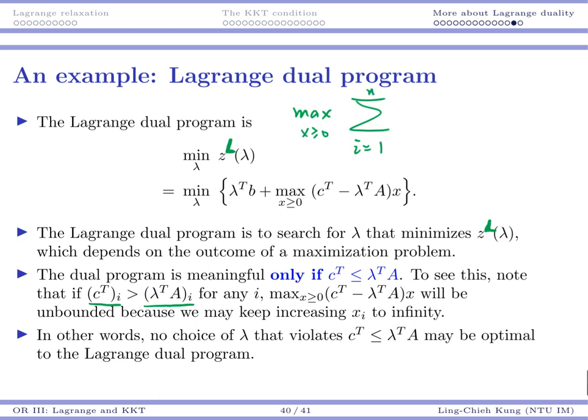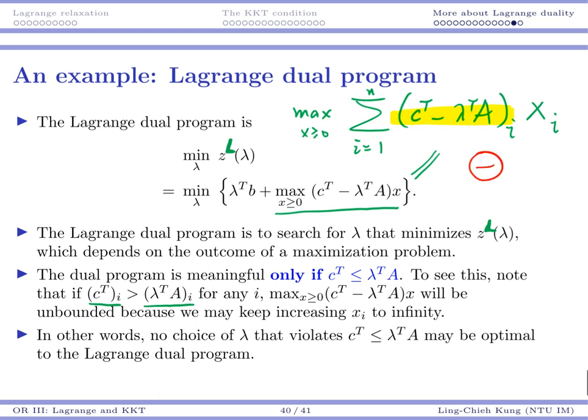You have n variables. For this particular vector, you have its ith element multiplied by the xi. So if you are able to find any i such that this particular number is positive, then what's going to happen?